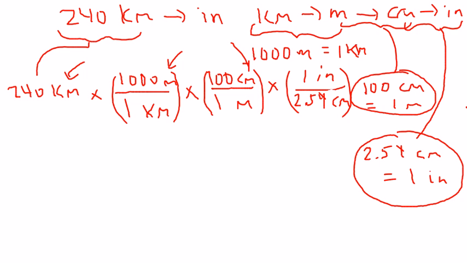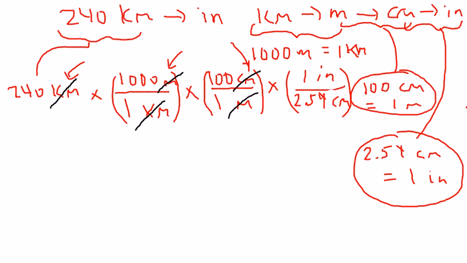So once I have all of that set up, I can just double check all of my units to make sure they cancel appropriately. So if we start all the way on the left, I see that there's a kilometer here that cancels with this kilometer. I see there's a meter here that cancels with this meter.